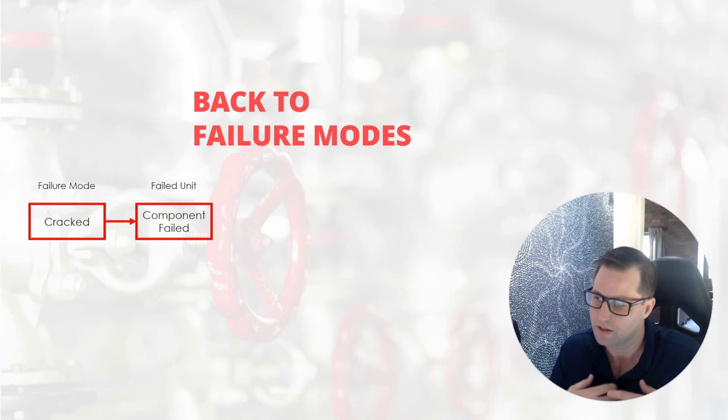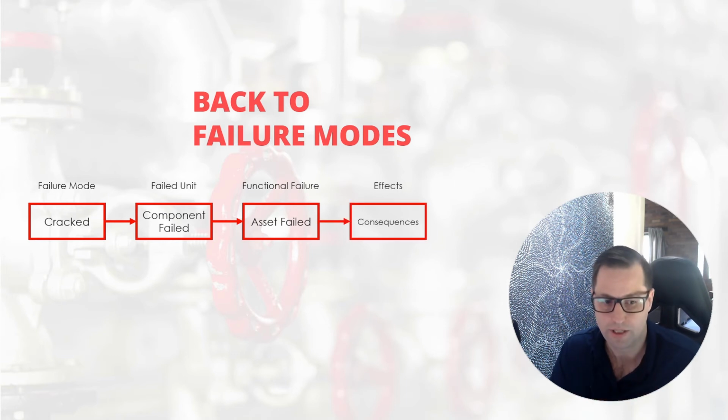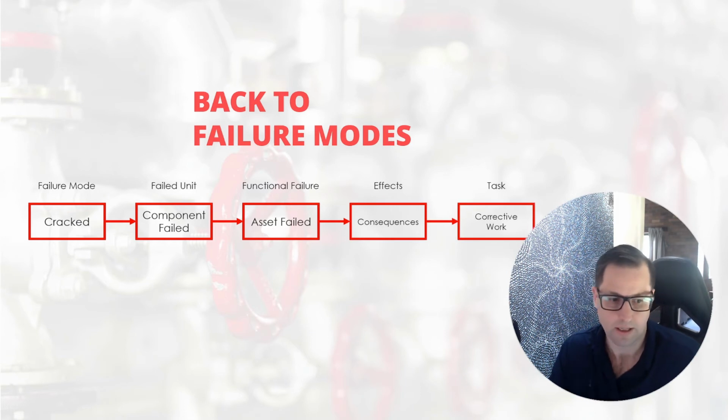All right, so the evidence of a cracked failure mode causes the component itself to fail, which then causes in turn the asset as a whole to fail, which then usually causes some sort of flow-on effects and consequences in business impacts, which then may cause some secondary actions or corrective work or reactive work to take place to rectify the failure, and so on and so on.